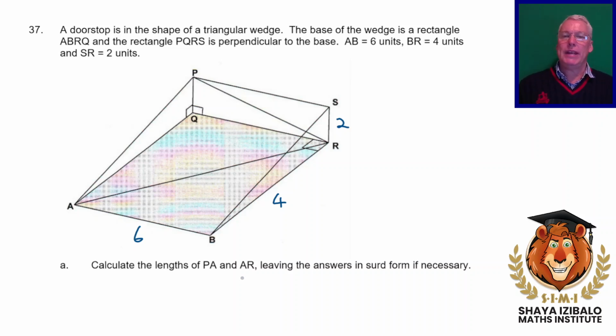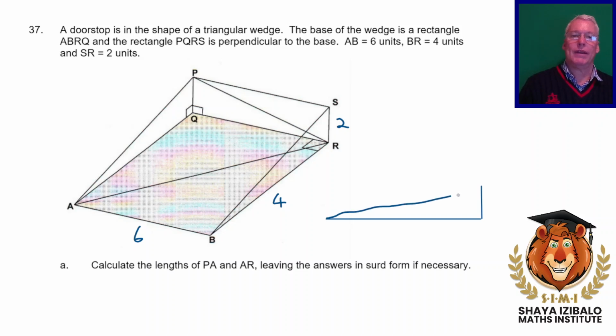All right, PA is just going to be, if we look at this triangle on the side here, it's a right angled triangle. It looks something like this. So we're trying to find PA.